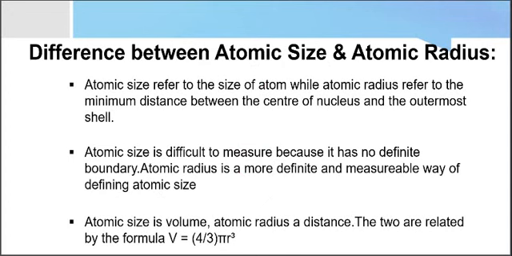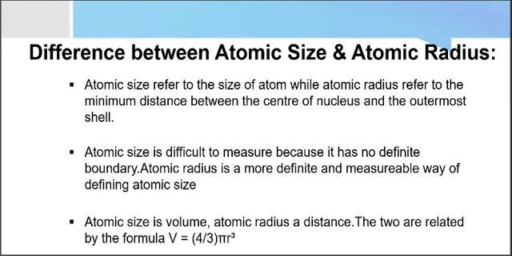So what is the difference between atomic size and atomic radius? Atomic size refers to the size of an atom. So basically when we are talking about atomic size, we are talking about the volume of an atom, and when we say atomic radius, it refers to the radius, that is the distance between the center and the outermost shell.